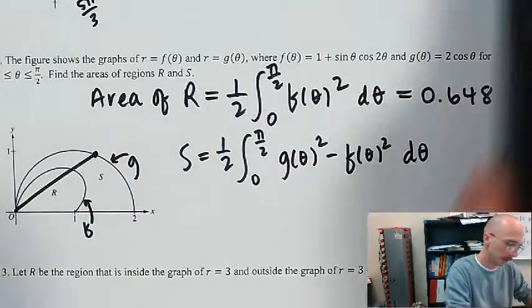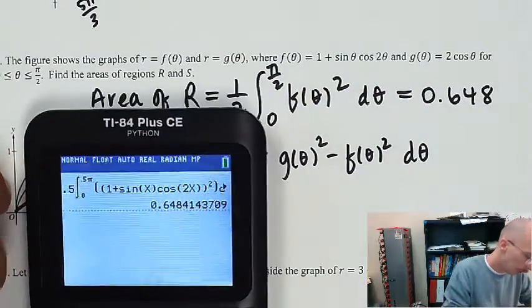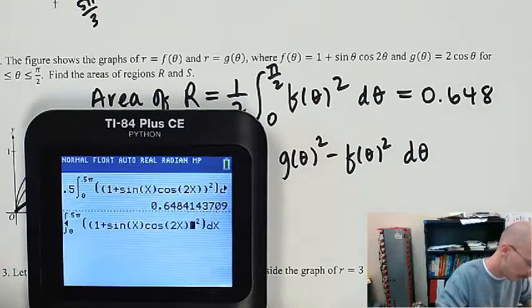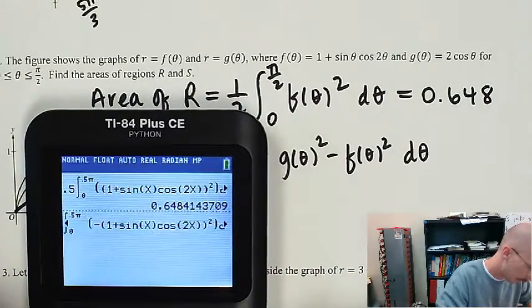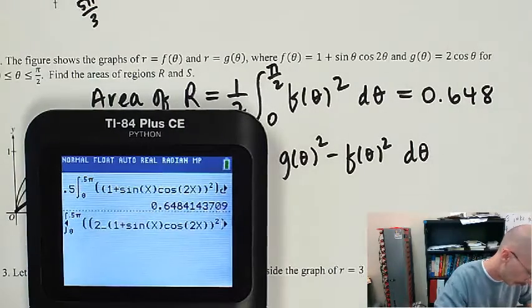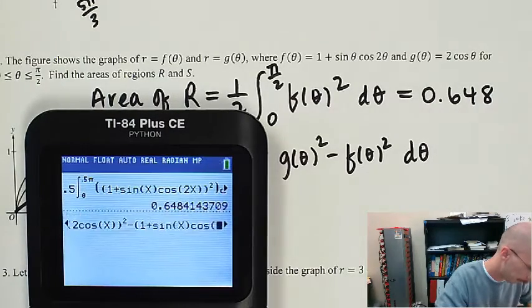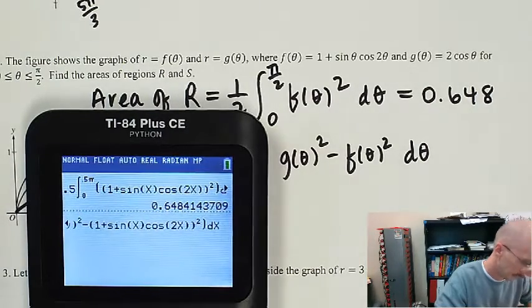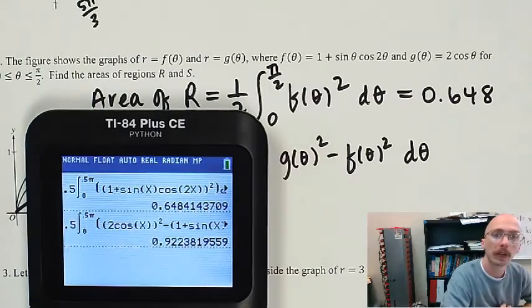And then I could run this in here, probably insert a minus. And then what is g of theta squared? 2 cosine theta, so 2 cosine theta squared, minus, yeah, that looks right. And I get 0.922.